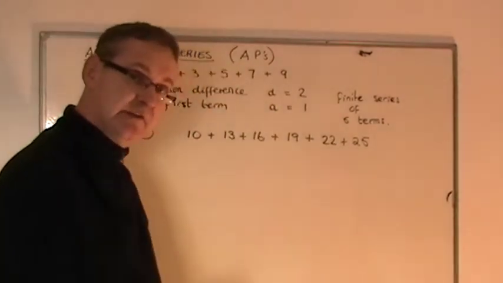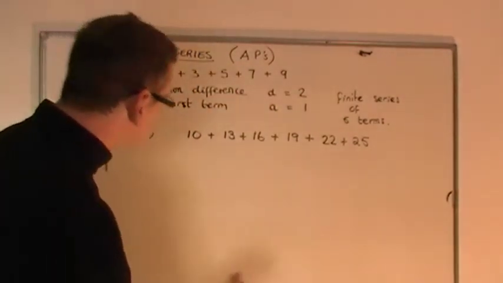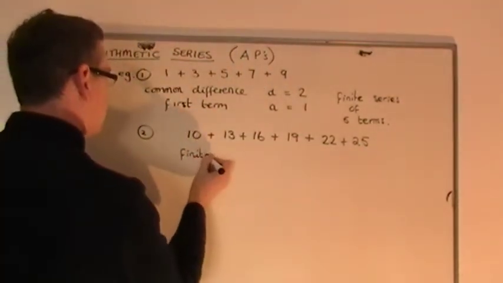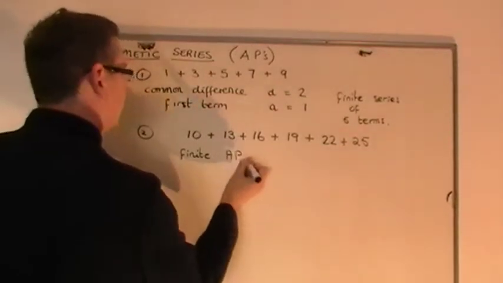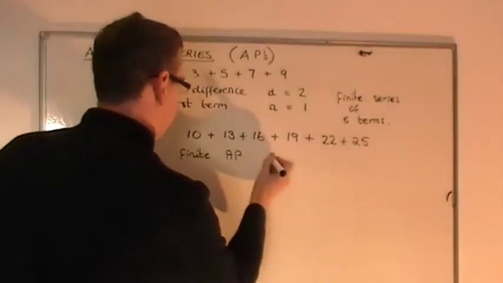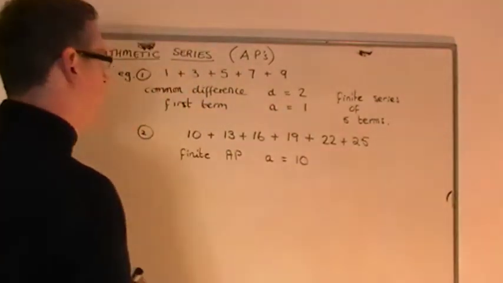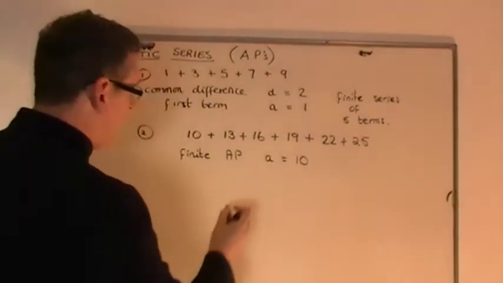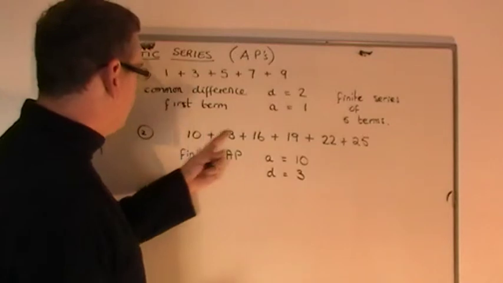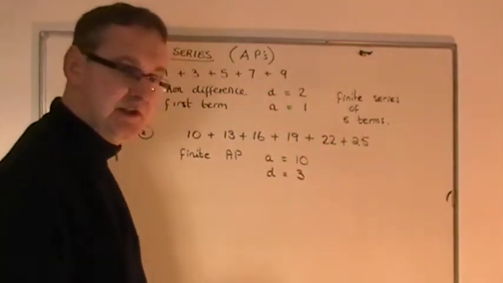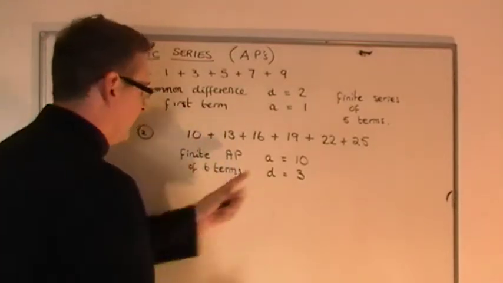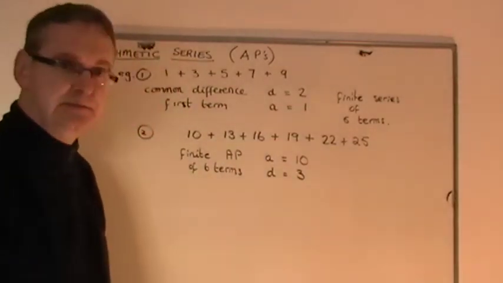Because they're being added together, what we've got here is a finite AP, arithmetic progression or arithmetic series. It has a first term little a of 10 and a common difference d of 3. And it's got 1, 2, 3, 4, 5, 6 different terms, so it's a finite AP of 6 terms, with a first term 10 and a common difference of 3.